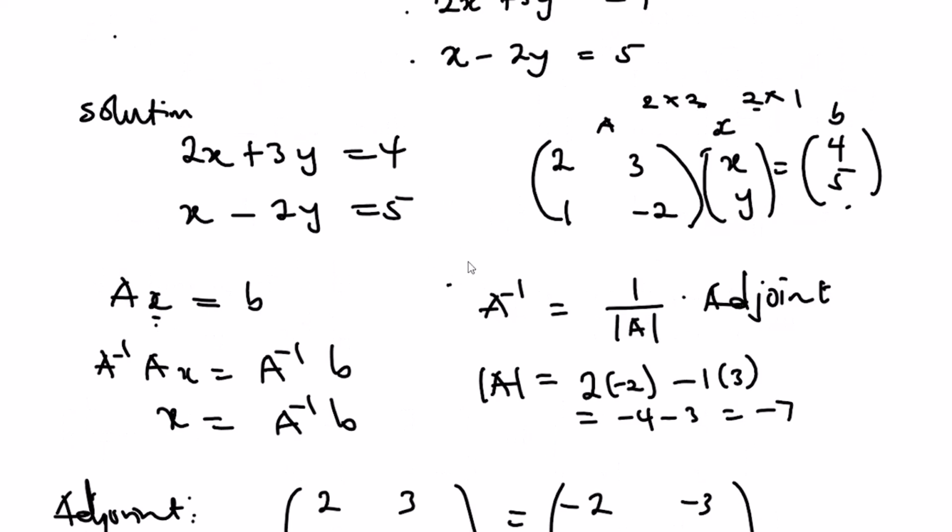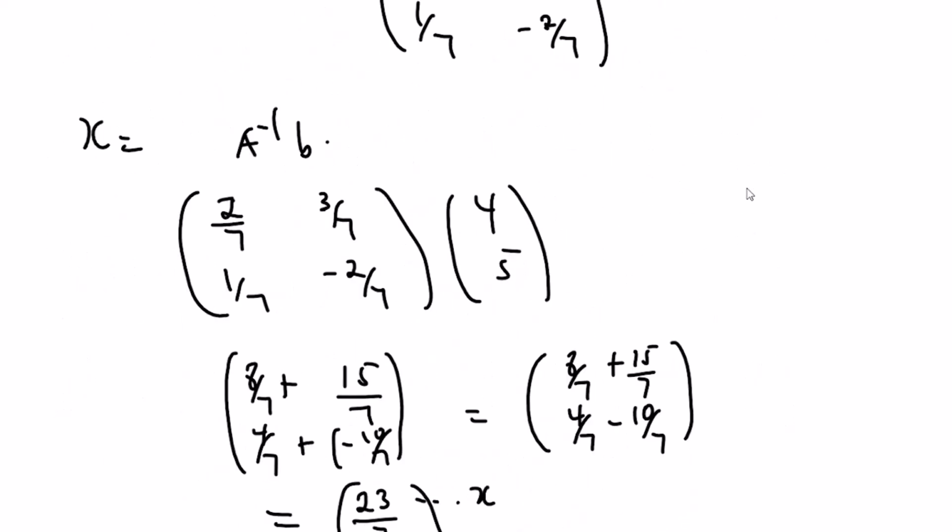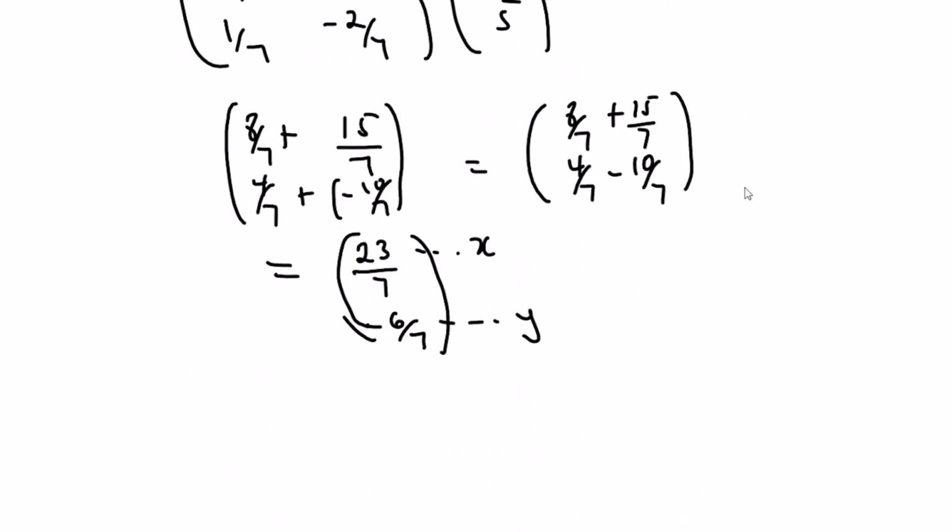So our x, after writing it in the form, so our x is what? Therefore our x is equal to 23 on 7, and y is equal to what? -6 on what? 7. So that's it.